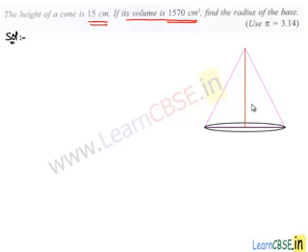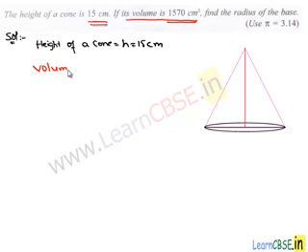Here we have a cone and we can find its base radius. In this question, we are given height of cone. Let it be small h and it is equal to 15 centimeters. And we are also given volume, which is equal to 1570 centimeter cube.